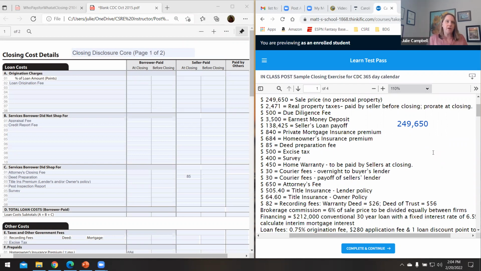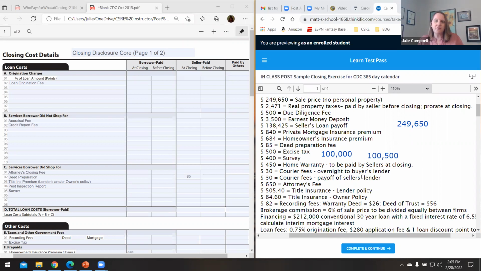So there's a couple different ways to do this. My preference, if your sales price is not a number divisible by 500, what I mean by that, if your sales price doesn't end in 000 or 500, then it's not divisible by 500.